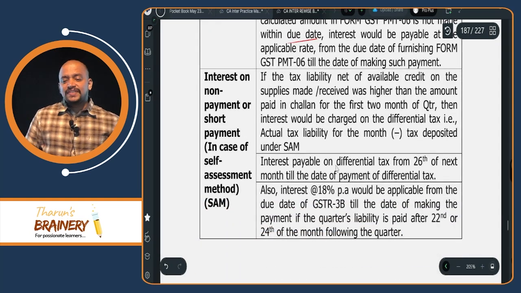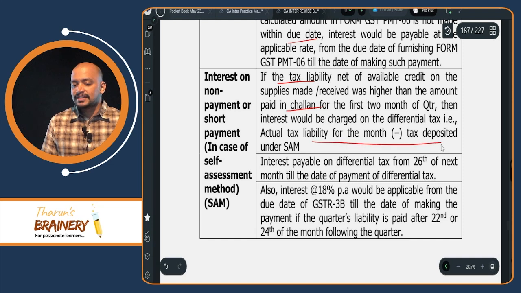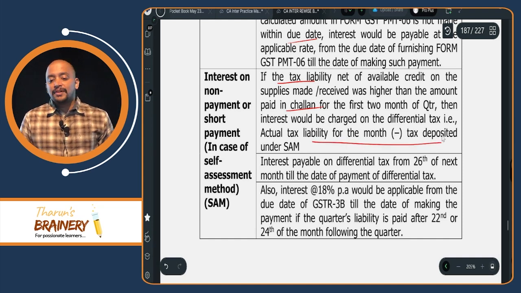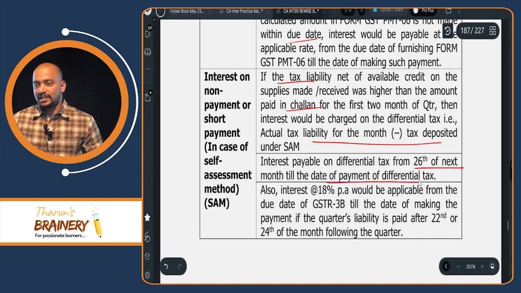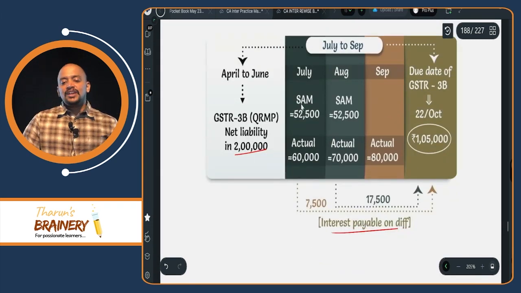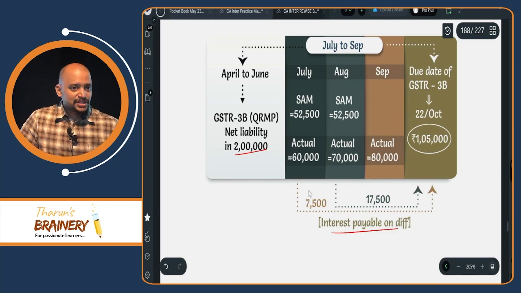Then if it is the self-assessment method, what is the extra point? Suppose the actual liability is more than what you have paid, then interest is payable on the difference, actual minus tax paid. From when? From 26th of the next month till the date of payment of differential tax. For example, self-assessment method 52,500, actual 60,000, difference 7,500.